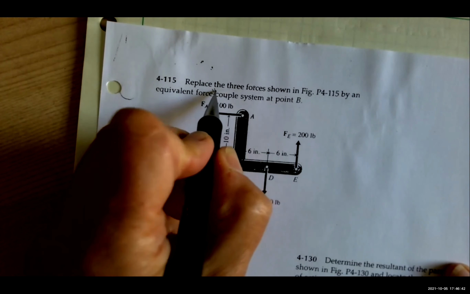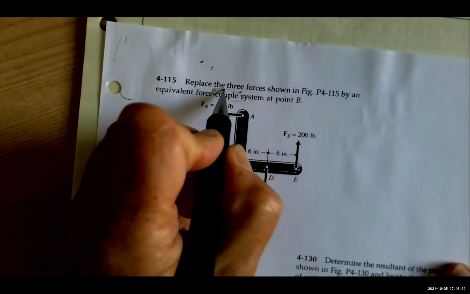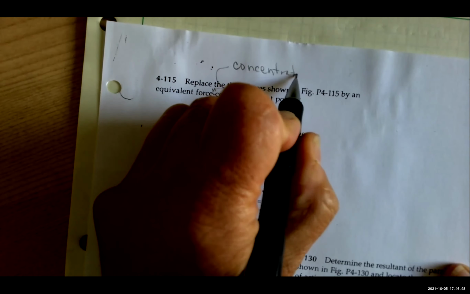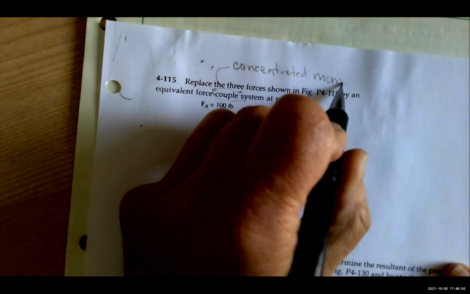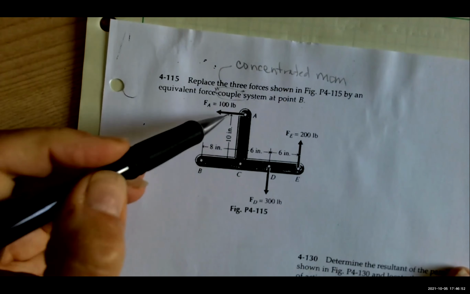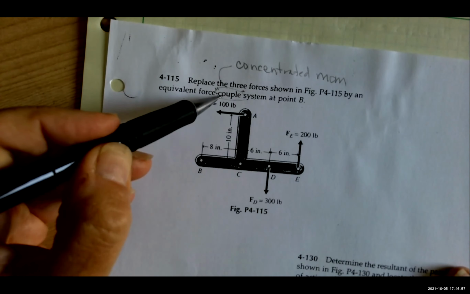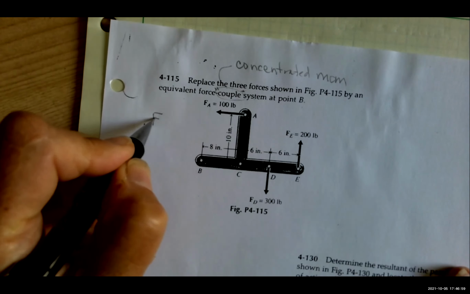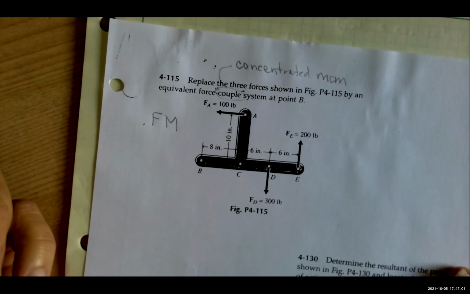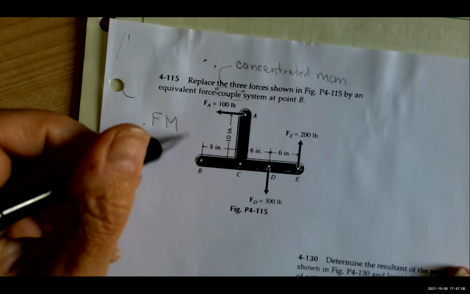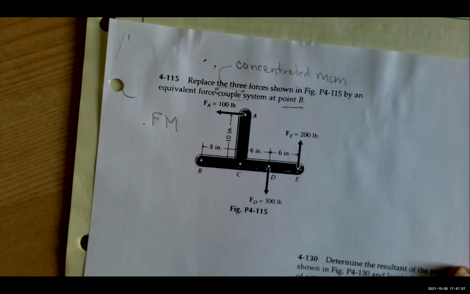Remember that the textbook likes the word couple to mean a concentrated moment. So they're asking you to replace these three forces by an equivalent force couple system. This is a force moment problem. Find the resultant force, find the resultant moment, draw both of them at point B.